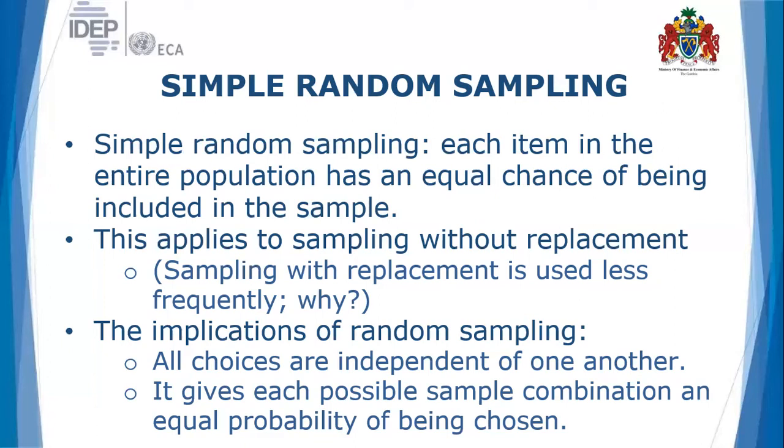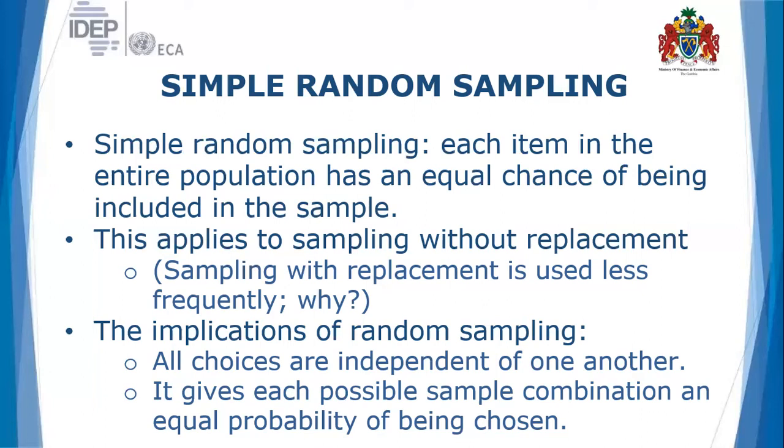Why? Because under sampling with replacement, which is used less frequently in impact evaluation studies, if we replace any element that we have sampled, there are high chances that the same element will be drawn several times, and that can affect our evaluation and the findings, conclusions, and recommendations drawn from such a study.